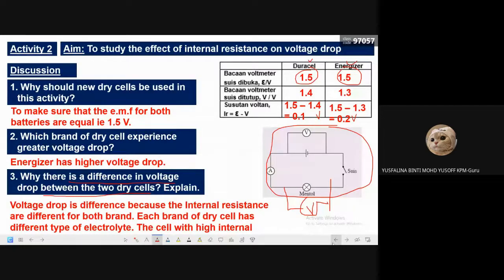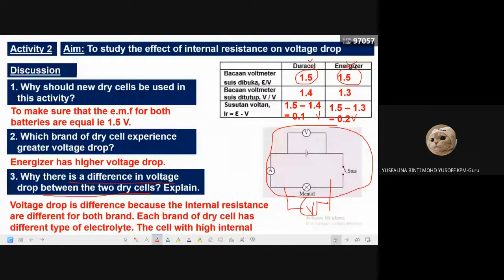So that's why the voltage drops, because you need to move charges inside the battery. The electrolyte also has charges, so they need to move the charges. When they are moving the charges, they need energy. So that's why it drops, because the energy is being used to move the charge inside the battery.